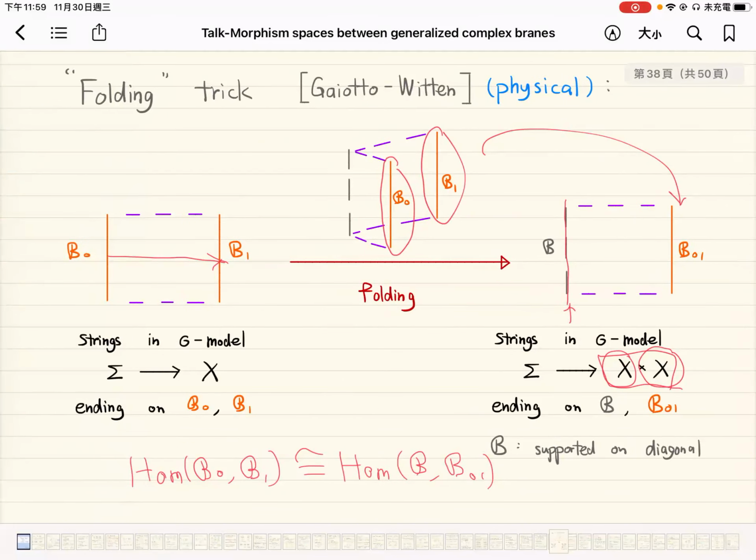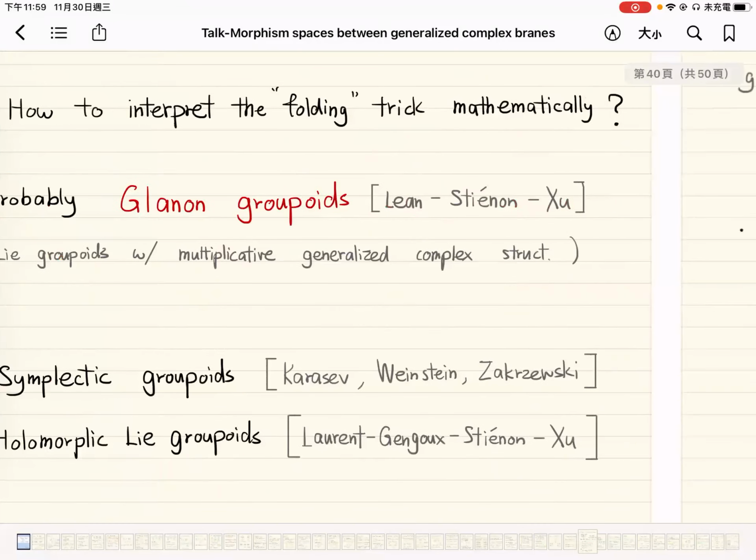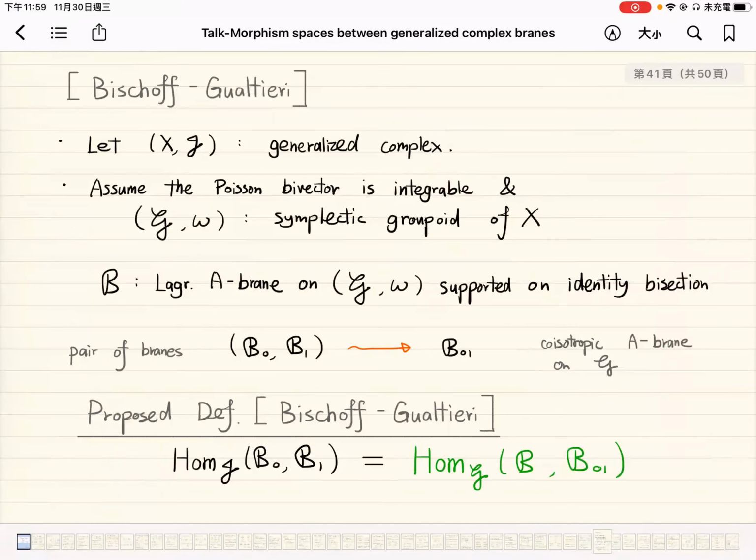So the interpretation of this folding trick mathematically, let me skip some slides. I think this is the work of Bischoff and Gualtieri. They also give a general proposal for defining the morphism space between a pair of generalized complex branes using the symplectic groupoid.